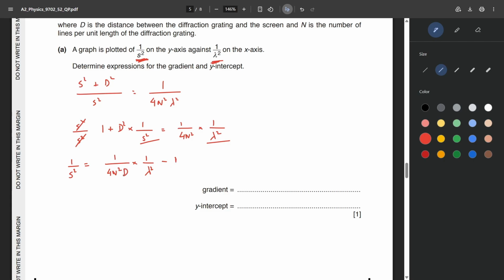So let's simply write d square over here and over here. Now this term right here, 1 over s square becomes y, and 1 over lambda square becomes x, which leaves us with the gradient here and the y-intercept here. So the value of gradient would be, or the expression of gradient would be 1 over 4n square d square, and y-intercept would be 1 over d squared.